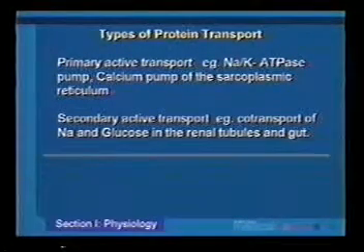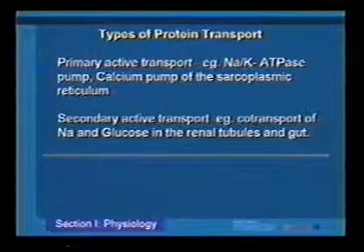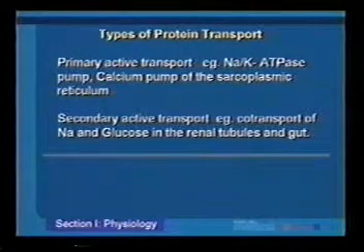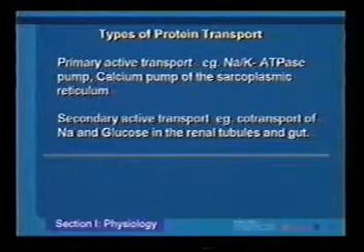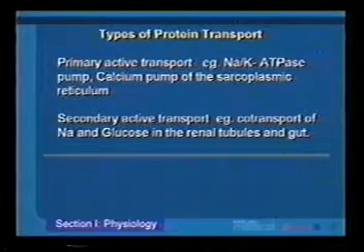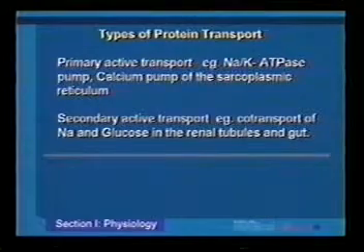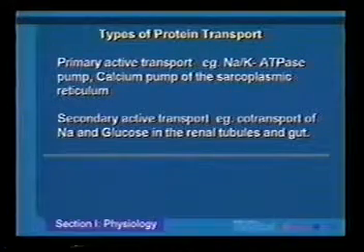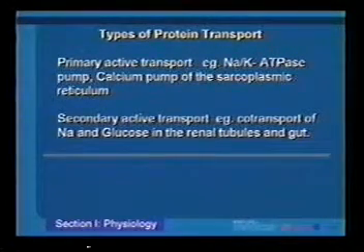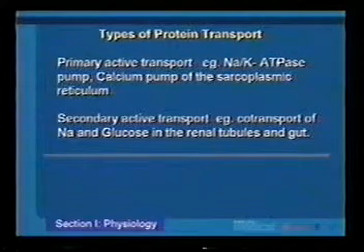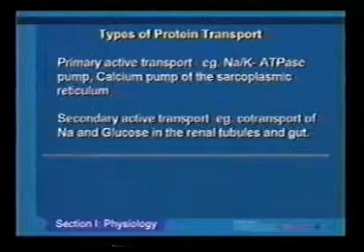The sodium-potassium pump is a transport protein that has ATPase activity. Another example that we'll talk about later is the calcium pump on the intracellular sarcolemma membrane then. That is also another example of primary active transport.